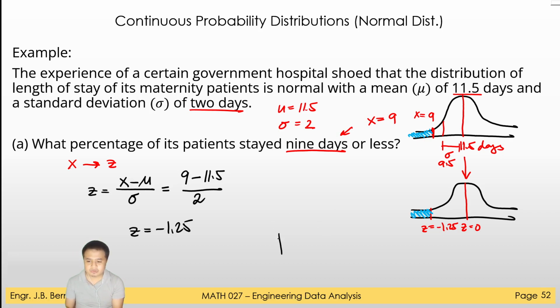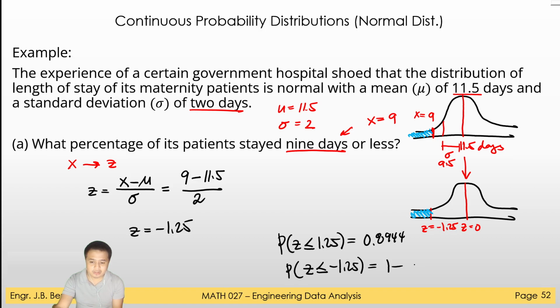If the probability that z is less than 1.25 is equal to 0.8944, then the probability that z is less than negative 1.25 is 1 minus 0.8944. So the answer should be 0.1056, or 10.56%.